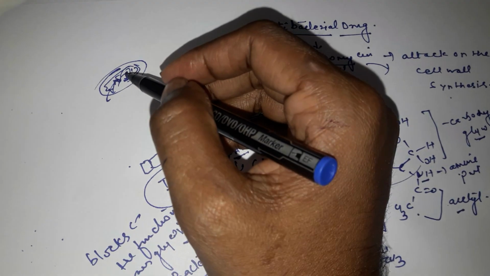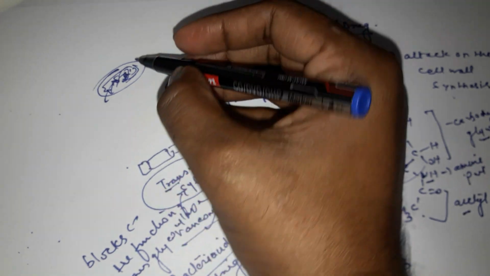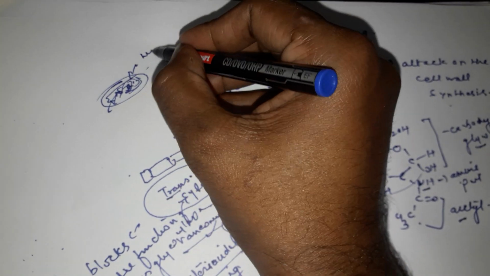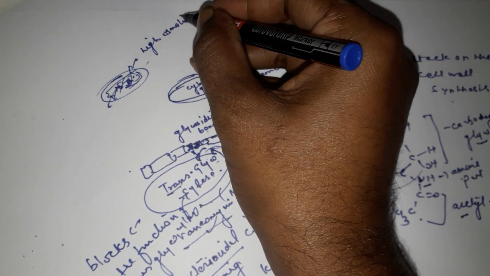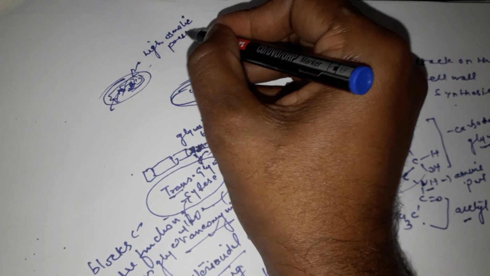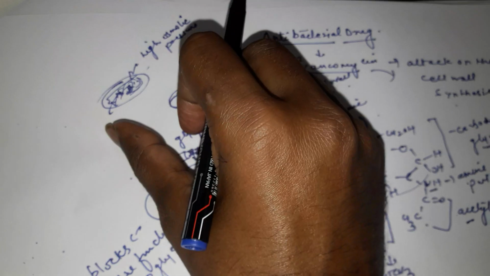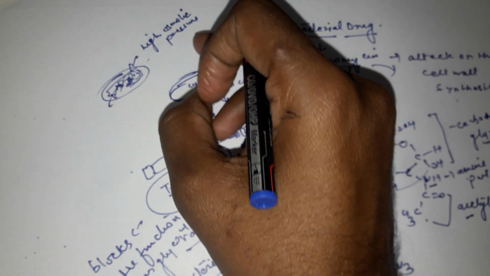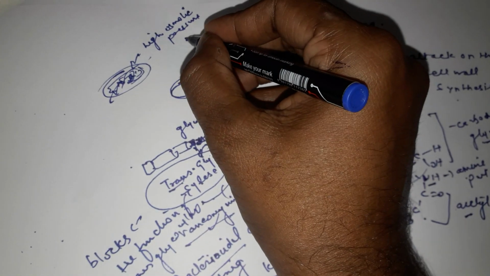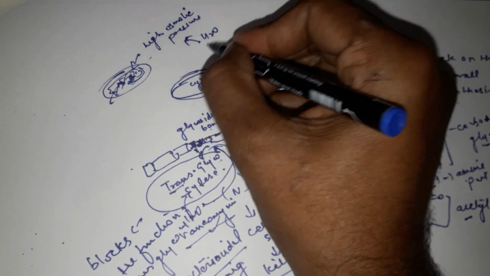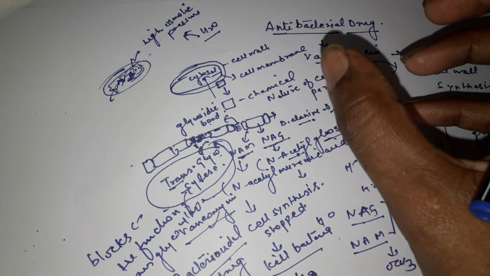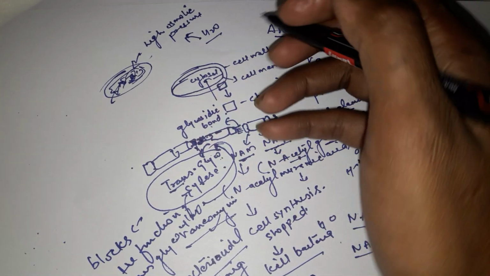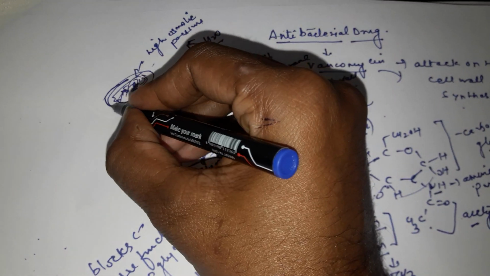The inner part has a high osmotic pressure, and it binds to water, meaning it captures the water. The cell wall is thick.